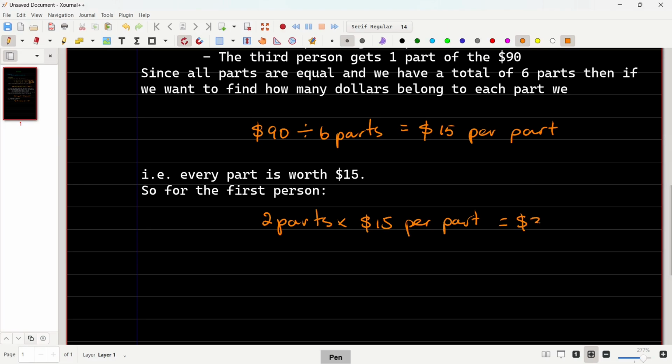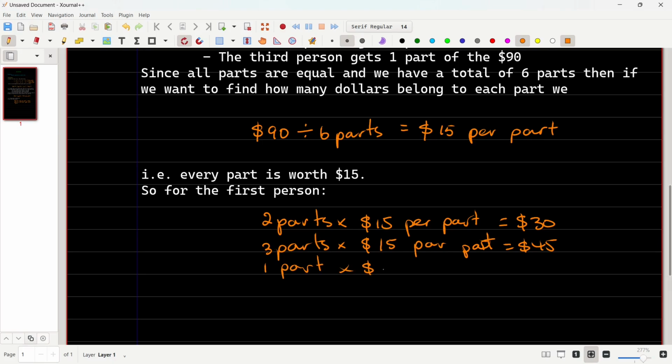Following the same principle for the other 2 persons, we can see that 3 parts times $15 per part is worth $45, and then 1 part times $15 per part is $15.